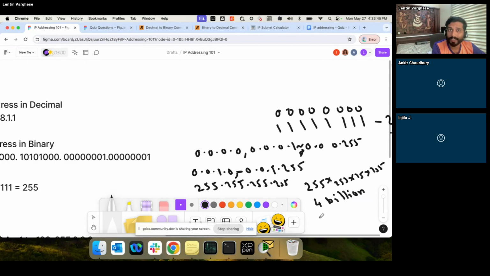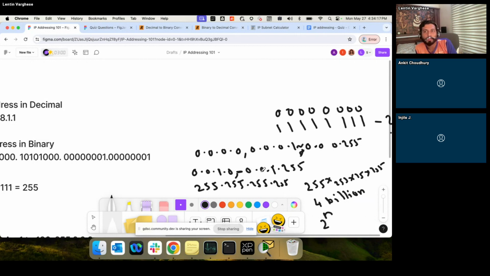Another shortcut to get the number of hosts is 2 raised to n, where n is the number of bits in an IP address, basically the host portion bits. So 4 billion, right? Now with this 4 billion, we still survived with the 15 billion devices I was saying, right? We still survived with 4 billion IP addresses. How did that happen, right?